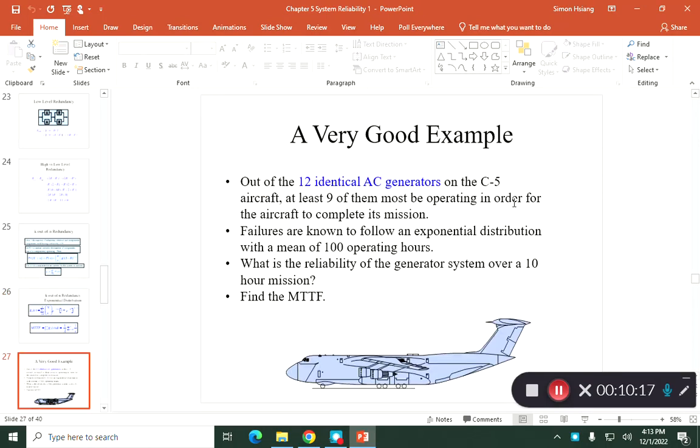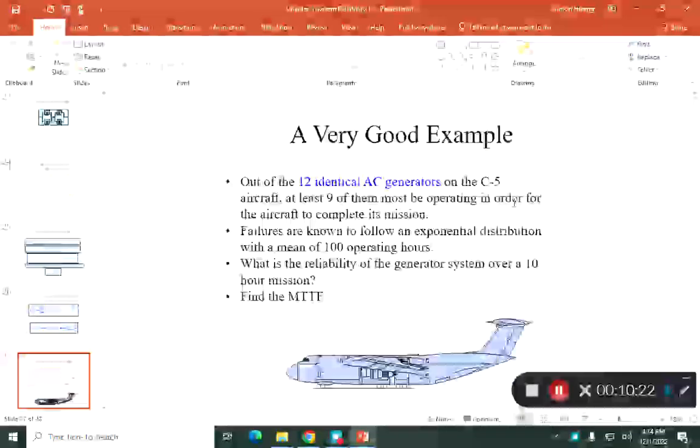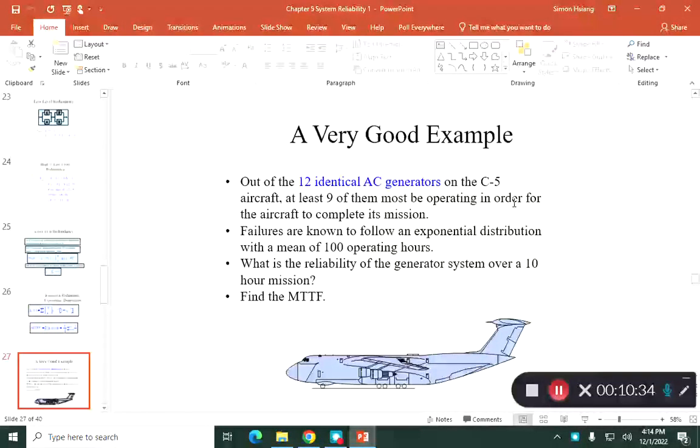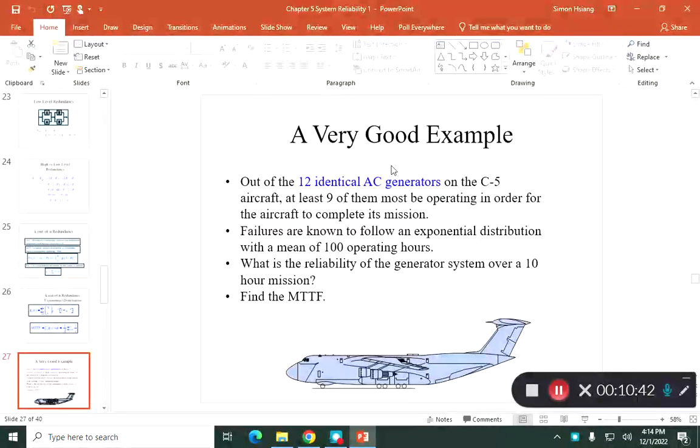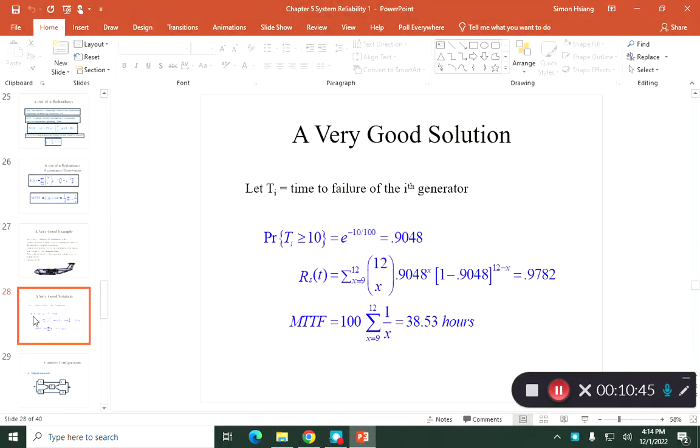And here is a famous example, the C5, the largest air cargo carrier. C5 has 12 generators, okay? And for different missions, they said we can afford to have 3 out, and this whole thing is still flying, okay?